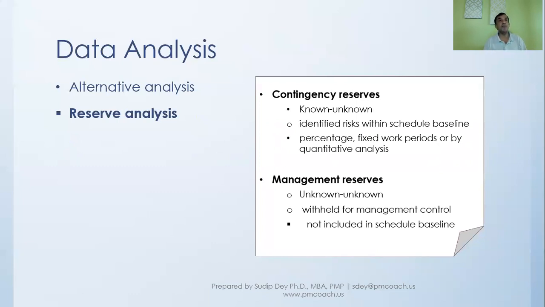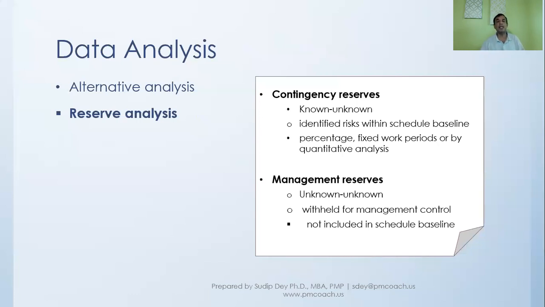So as an example, what might happen is you are doing a project for a client, and we are doing the estimation, and when you have done that duration, put it together, you found that you'll finish in 180 days. On top of that, you said, let's put 10 days for contingency reserves.